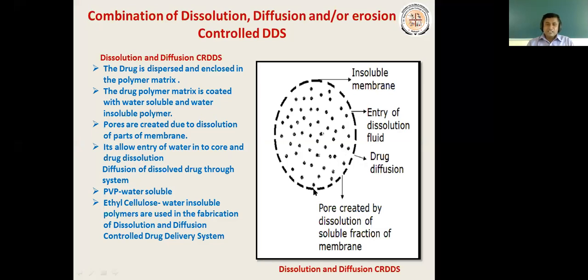So the drug releases through this system by the mechanism of dissolution as well as diffusion for a prolonged period of time. These systems are called a combination of all the formulations. So this is all about the combination of dissolution, diffusion and erosion controlled drug delivery systems.